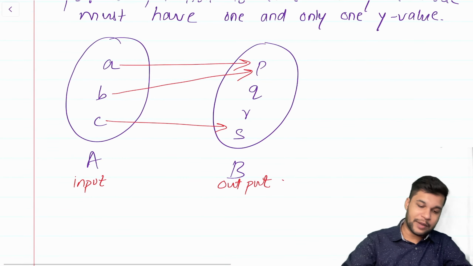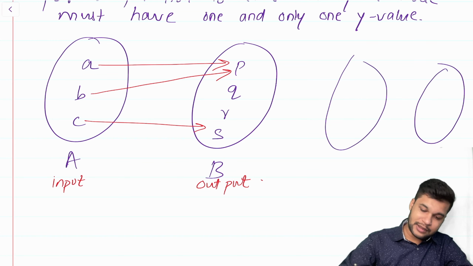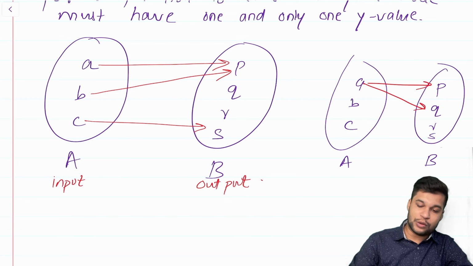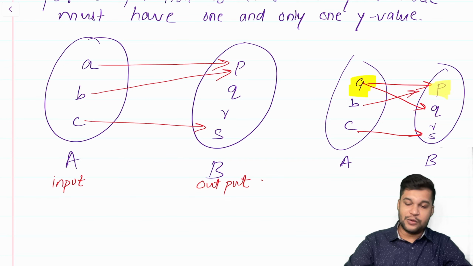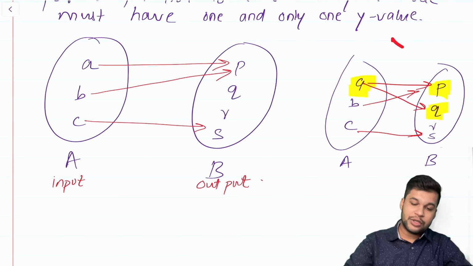Let's say the function looks something like this. This is A, B, C, this is P, Q, R, S. Let's say for A the value is P and also Q. For B the value is P. For C the value is S. So if you observe, A is having multiple values, P and Q. So this is not a function.